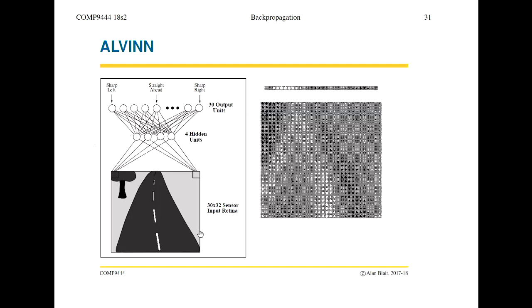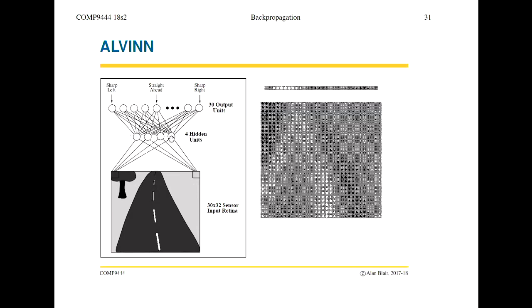They couldn't use a regular sedan. They had to use a big sort of semi-trailer kind of thing so they could fit these computers in the back. The camera on the front of the car took an image that was converted into a 30 by 32 pixel image.